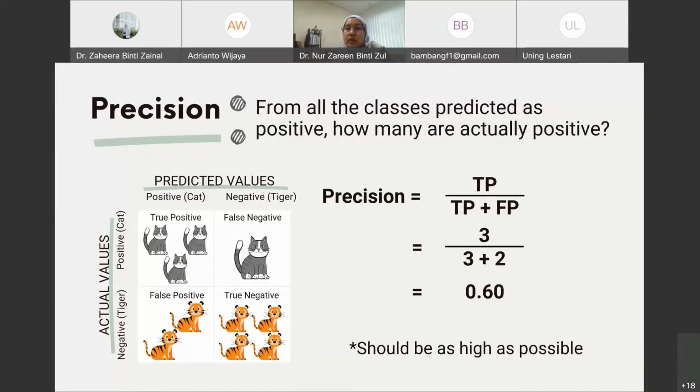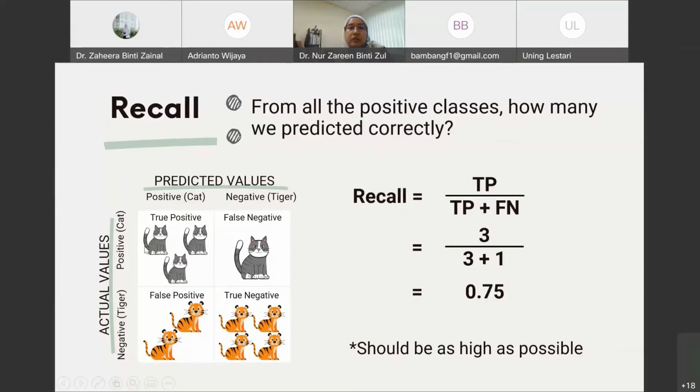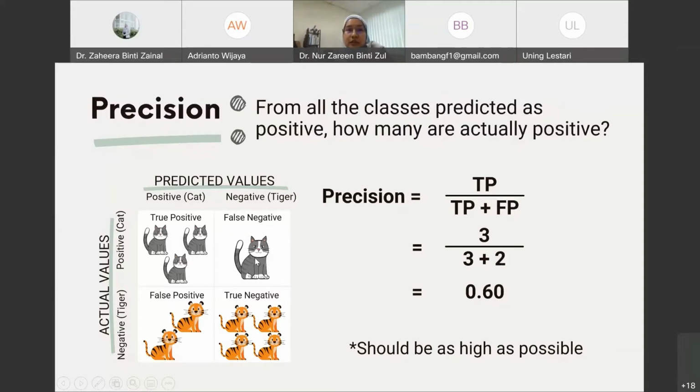Next, we have what we call precision. Precision talks about the classes that you predict as positive, how many are actually positive. Recall just now was about all positive classes, so you look at the row, this part here, and how many were predicted correctly. Precision talks about from all positive classes that the model predicted, how many are actually positive.